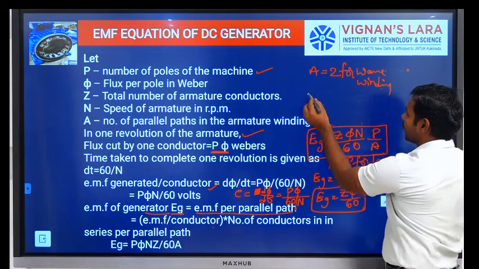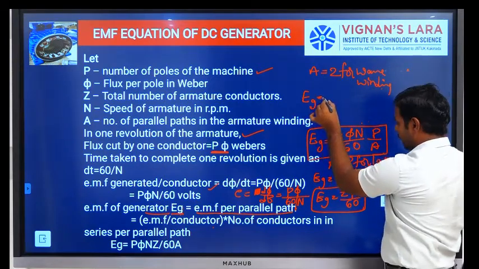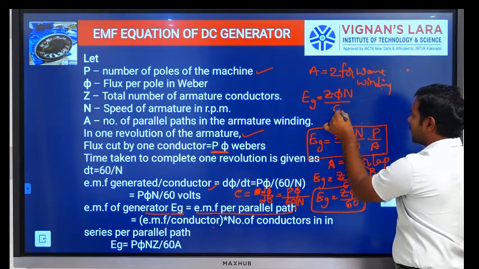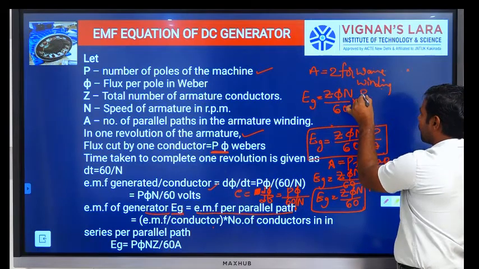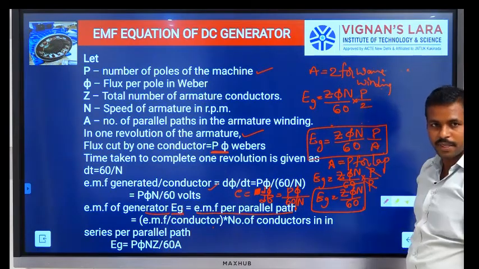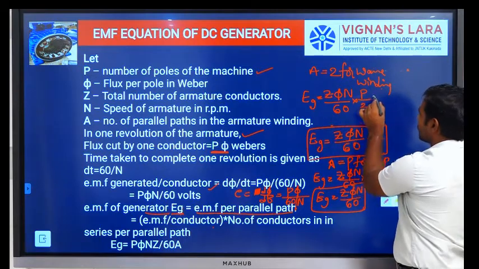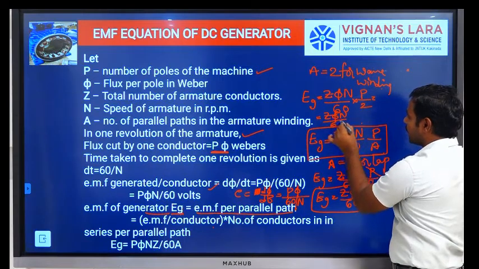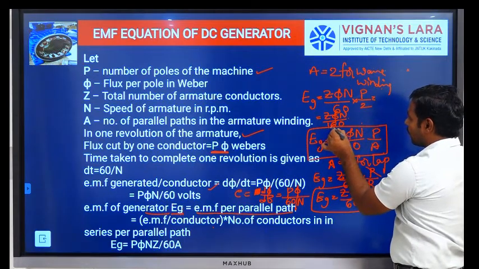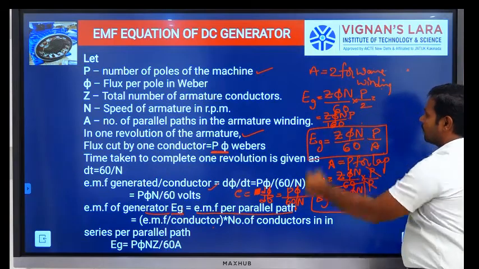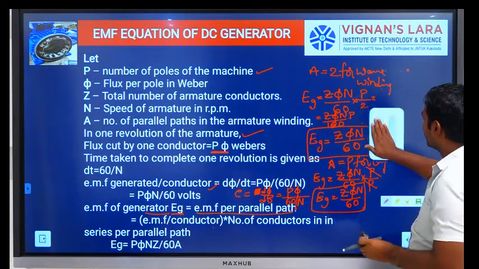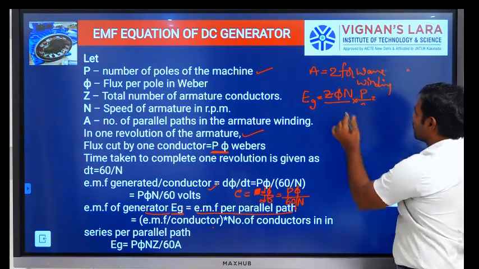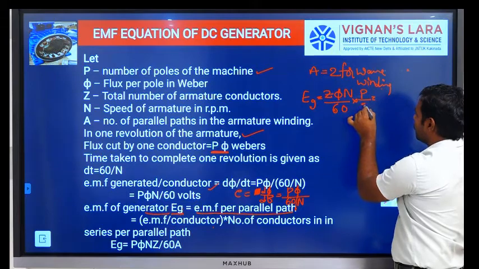Substituting in the generated voltage, EG is equal to Z into phi into N divided by 60 into P divided by 2, with A replaced by 2.